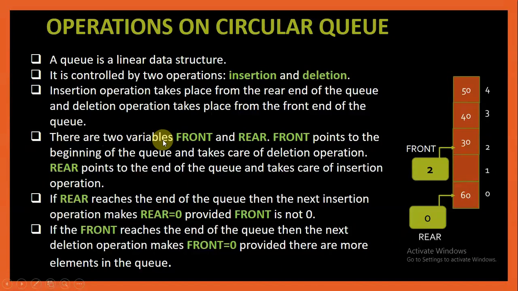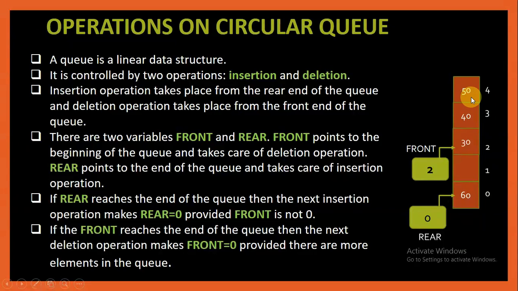Now there are 2 variables, front and rear. Front points to the beginning of the queue and takes care of deletion operation, and rear points to the end of the queue and takes care of insertion operation. If rear reaches the end of the queue, then the next insertion operation makes rear equal to 0 provided front is not 0. So in this case you can see my front is 2.